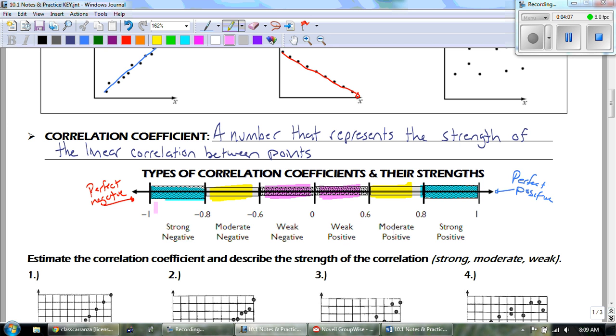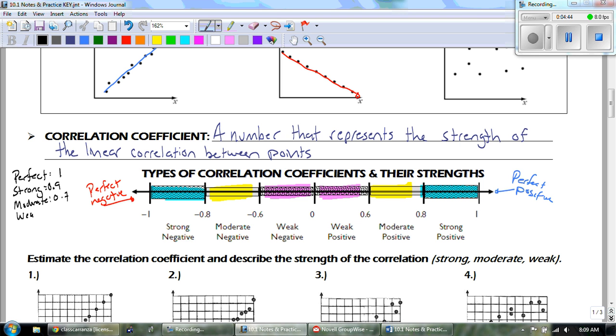Okay, and we have these ranges off to the side, and one of the things I wrote down on my paper is that whether it's perfect, either positive or negative, it could be 1. Okay, if it is a strong correlation, it could be plus or minus 0.9. That's saying it's very strong. Moderate, either positive or negative, is about 0.7.